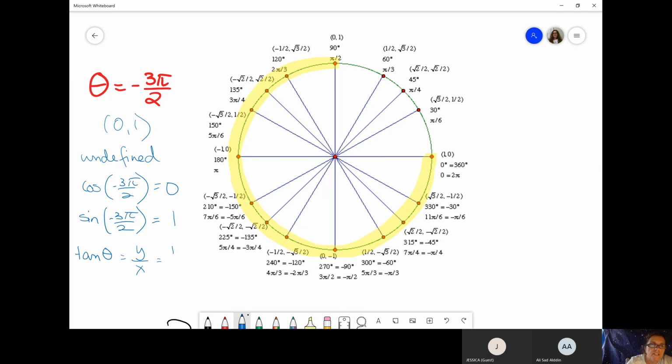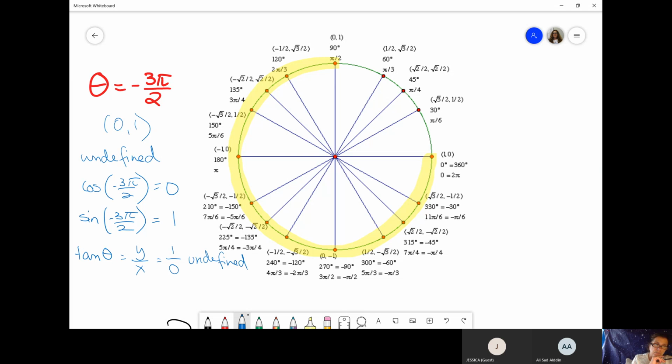Y is 1 and x is 0, so anything over 0 is undefined. So the tangent is one of the trig functions that is undefined at -3 pi over 2.